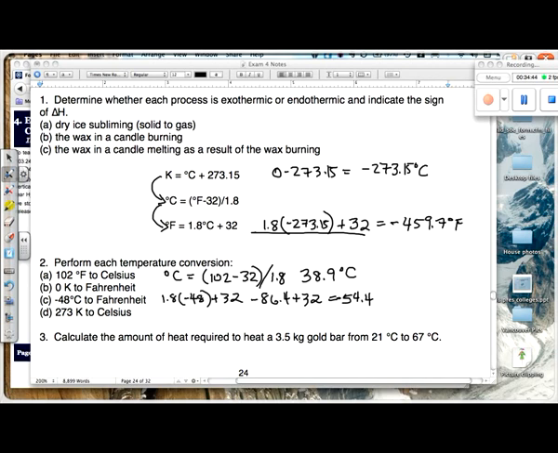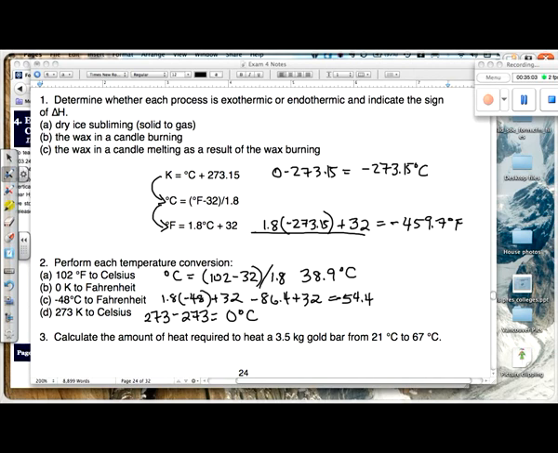273K to Celsius. So I'm going to take the 273 minus 273. So that would be 0 degrees Celsius, and I'm just going to ignore the 0.15.